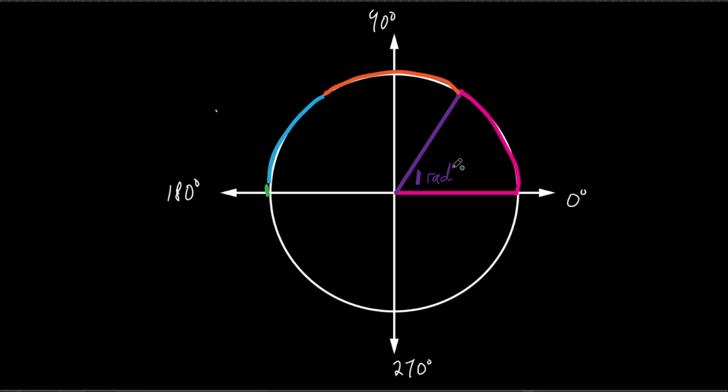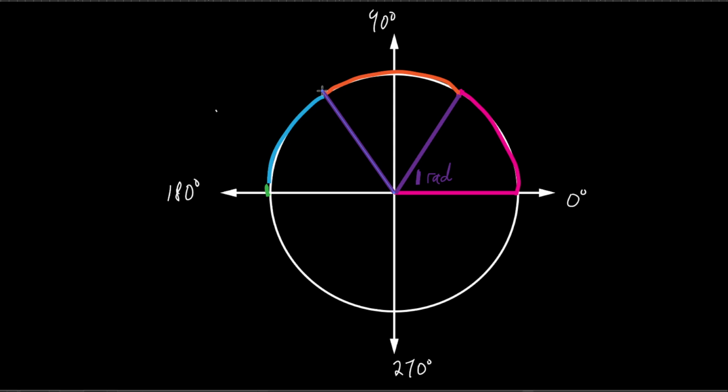The angle that's formed by taking the radius, picking it up, and stretching it around the circle, the angle that's formed right here, is considered to be 1 radian.